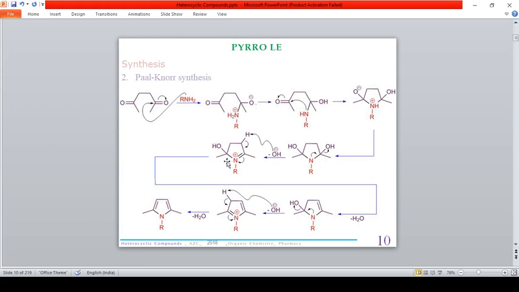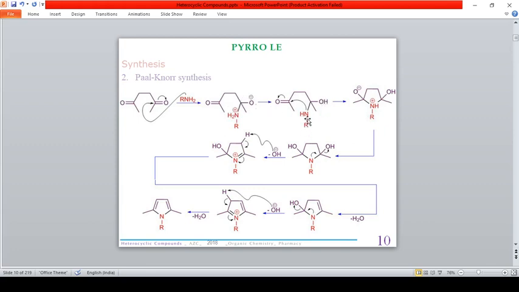So what it will do? It will lose 1 proton to stabilize itself. So that proton is lost and that proton through the solution will go to O negative and form OH. Hence, the positively and negatively charged species here become neutral.